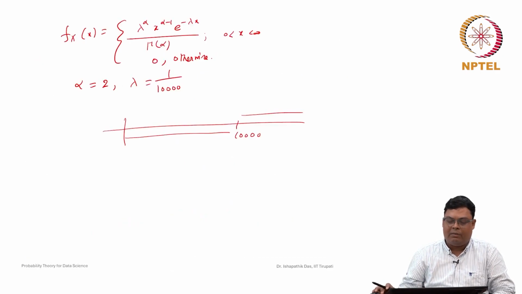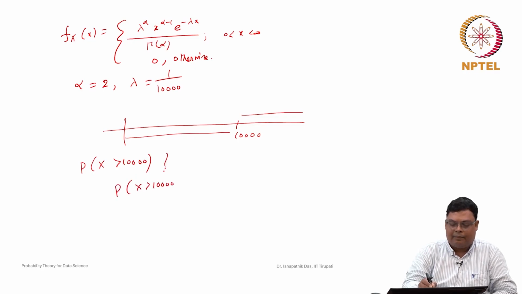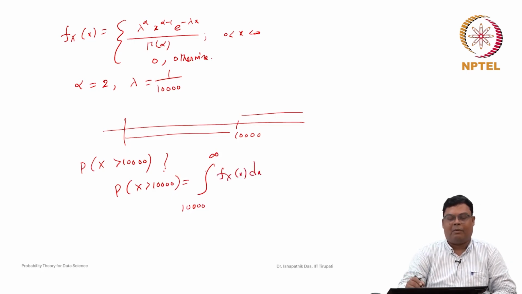So, we will find this probability. This question asks: what is the probability that X is greater than 10,000? X greater than 10,000 is nothing but the integration from 10,000 to infinity of f(x) dx, where f(x) is the gamma probability density function. This is the probability we have to find out. So, let us do it.